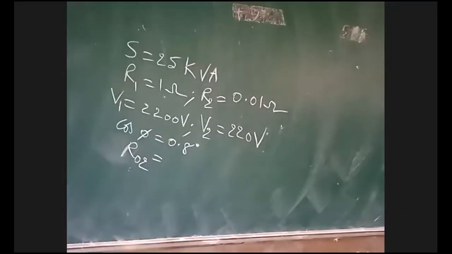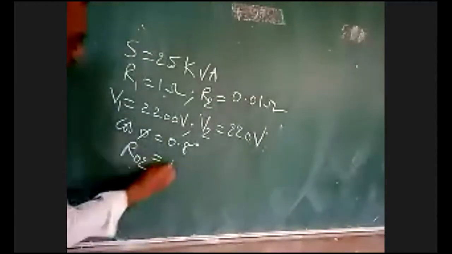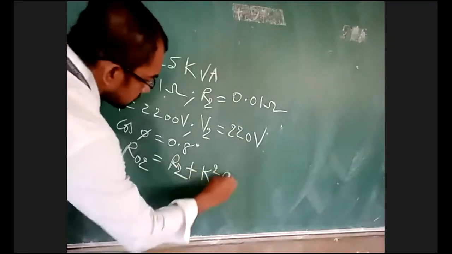In the problem, he is asking us to determine the equivalent resistance referred to secondary, R02. What is the formula for R02? R2 plus K square into R1.